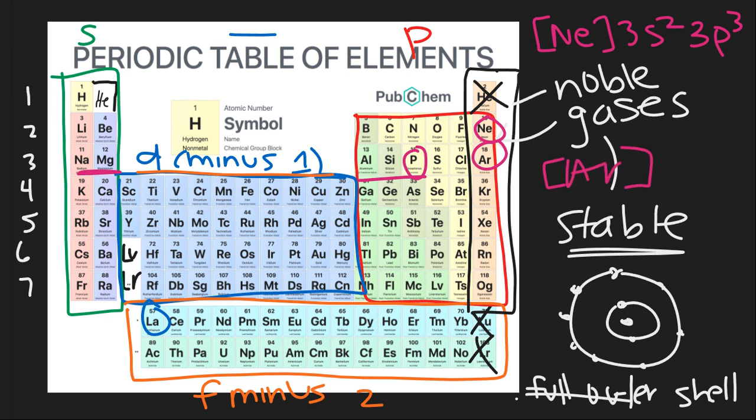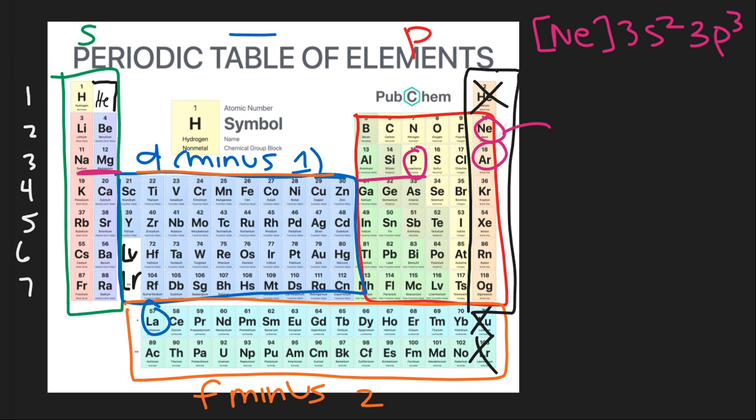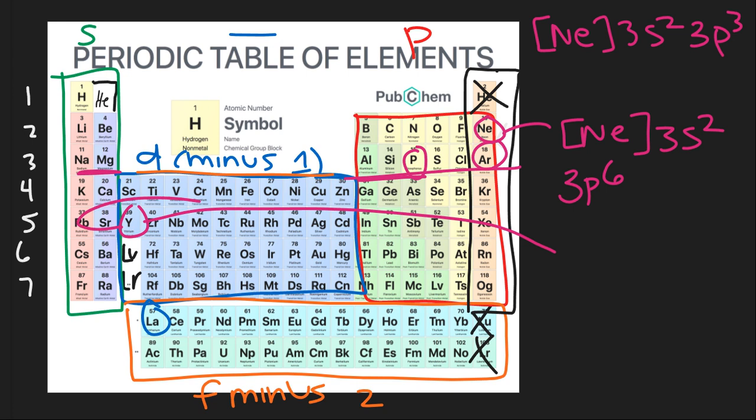That's not how this works. You will instead start from neon and then go all the way down. So that would be 3s2, 3p6. If you want to go for this one right over here, we'd go to the last noble gas, that's krypton. That'd be Kr. We're going to say 5s2 4d1. Because remember that d is a minus 1.